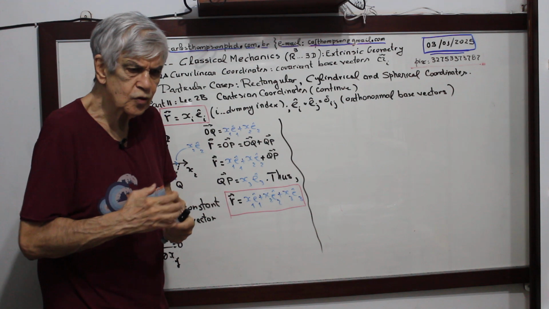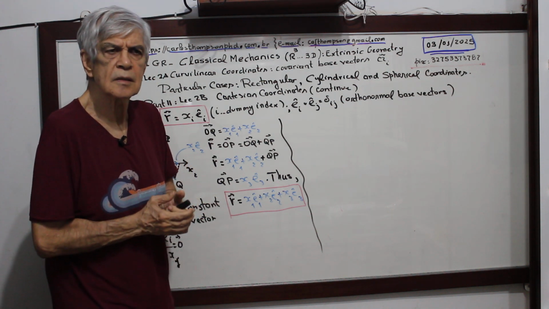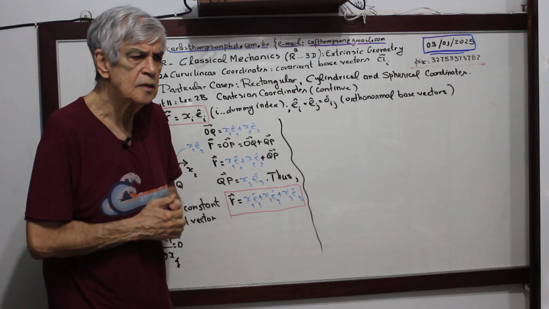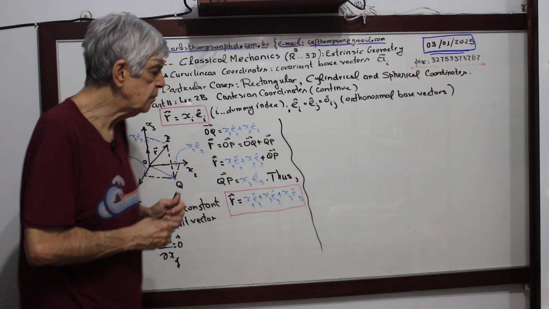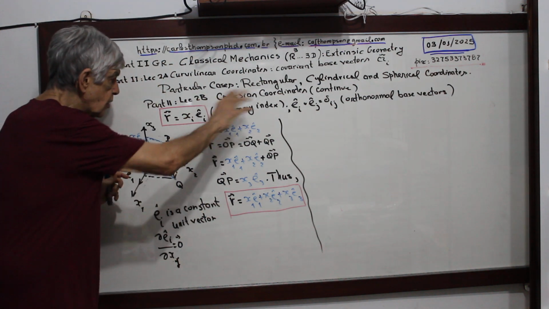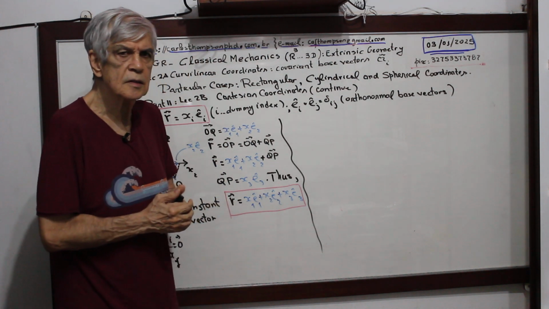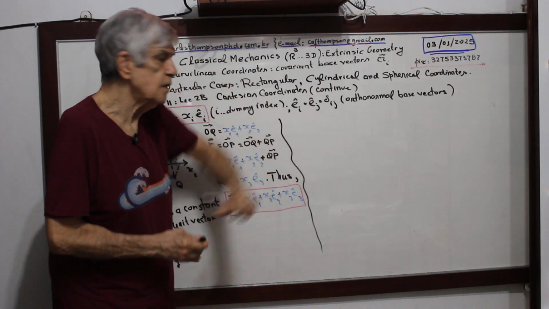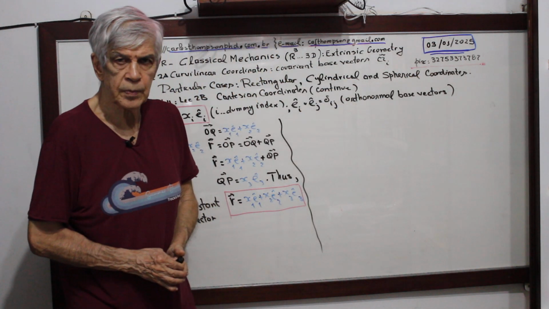This is a strong support for you to understand the properties of curvilinear coordinates in general. So this is Cartesian coordinates, rectangular coordinates. Then you're going to talk about cylindrical coordinates, and then spherical coordinates.